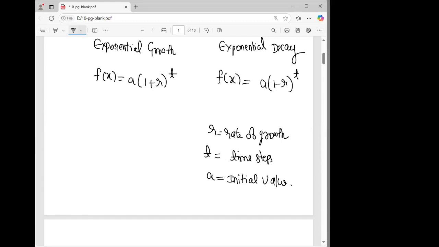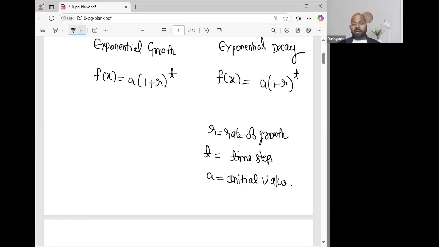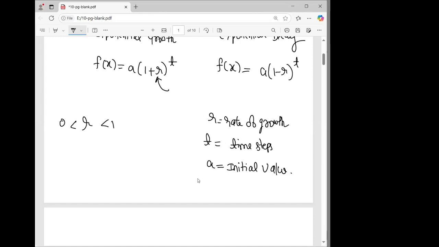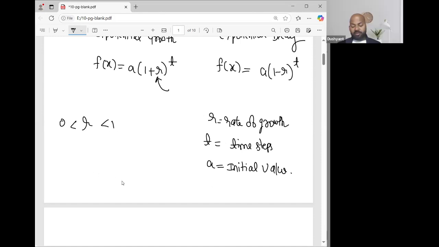Now, the value of r. In exponential growth, you can see a value r here. The r value lies between 0 and 1.